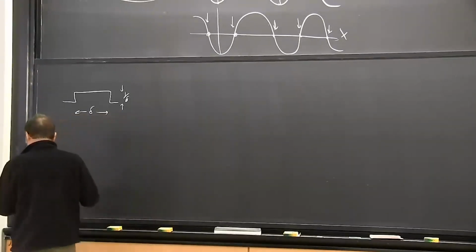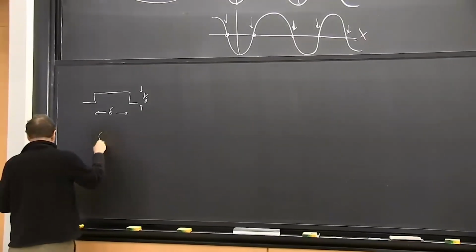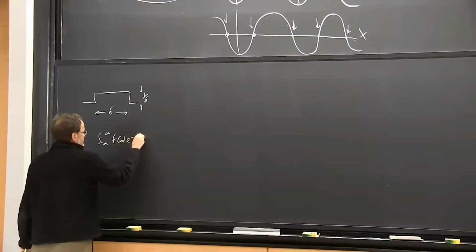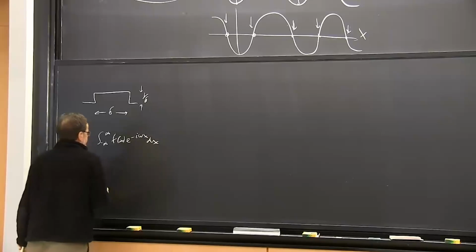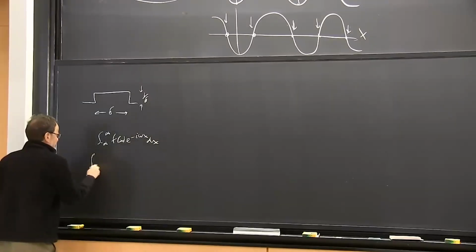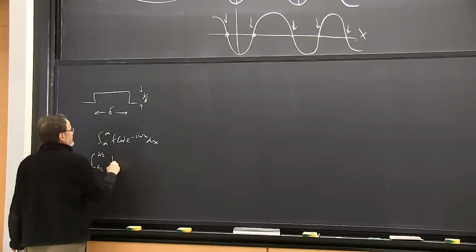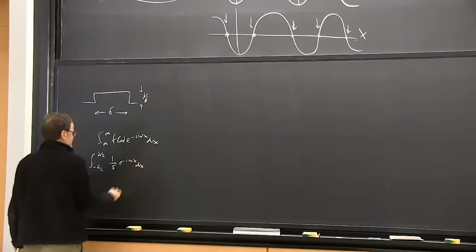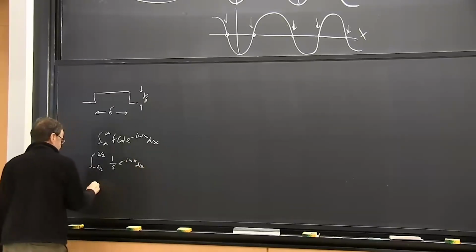So what have we got? That's going to be from minus delta over 2 to plus delta over 2 of 1 over delta.